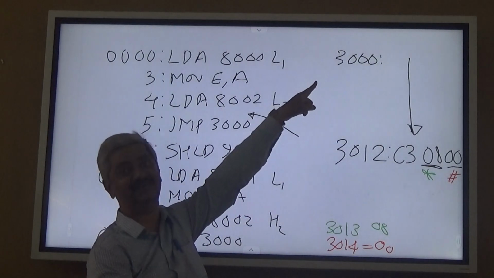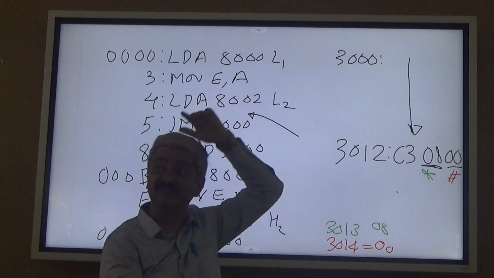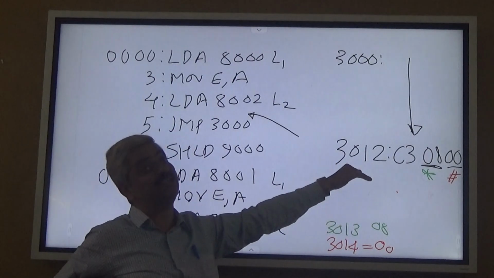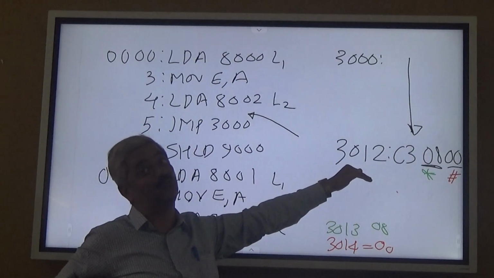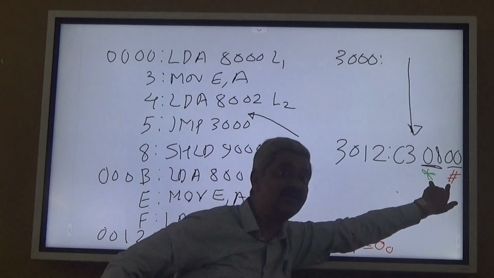मग आता तिथं गेल्यावर ही इन्स्ट्रक्शन जी जंप आहे ती, that jump instruction is branching to the word written.